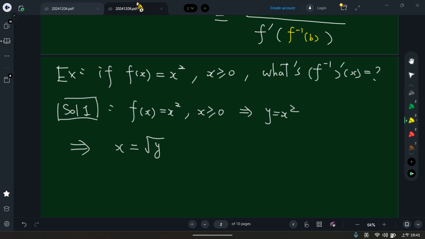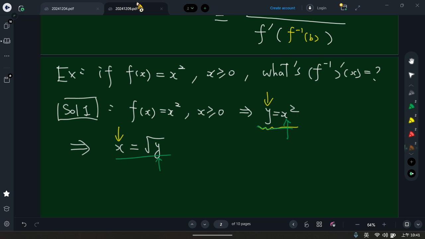Then you can see, for the original function, x will determine y, right? After we change this one, this is another way to see this curve, that we can have y then determine x. But normally when we just express a function, we will use x as its independent variable.